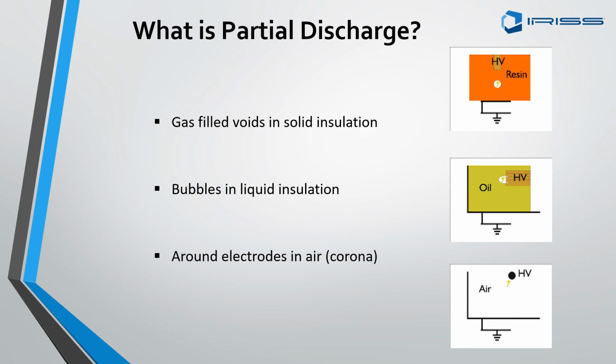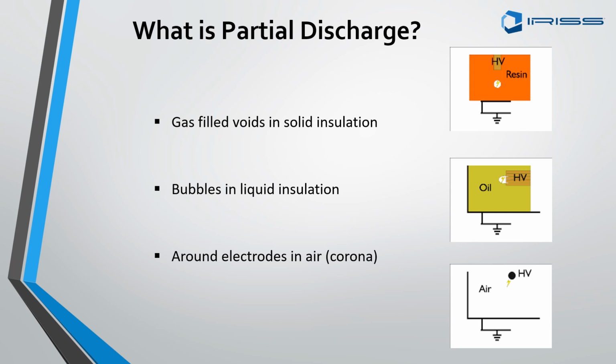And these act like little spark gaps inside the component, and voltages that are across that component from phase to phase or phase to ground can potentially cause partial discharges of energy to happen through those voids.